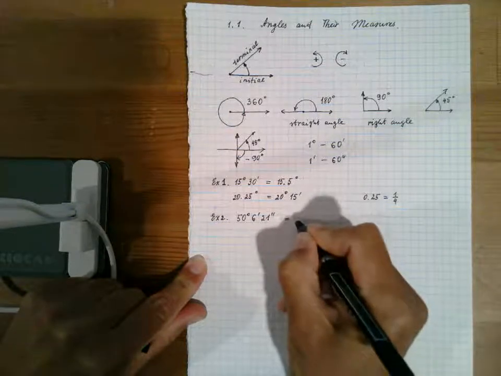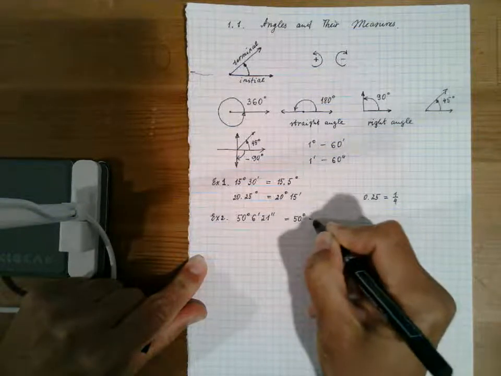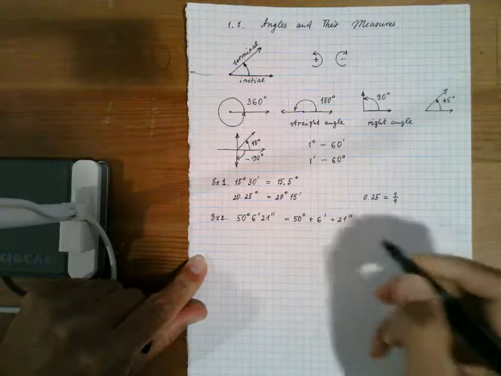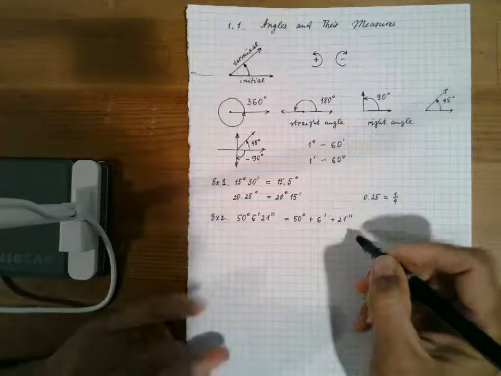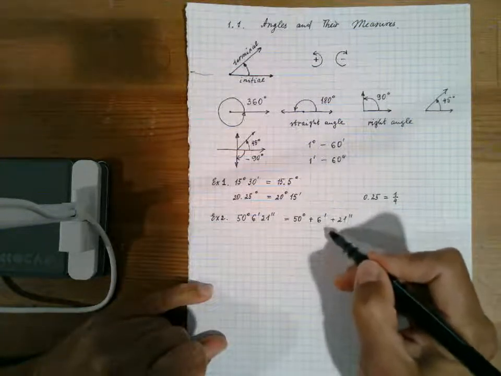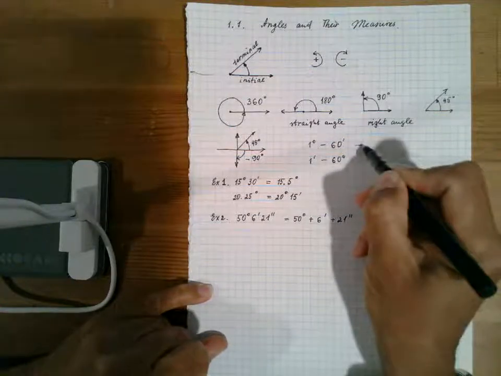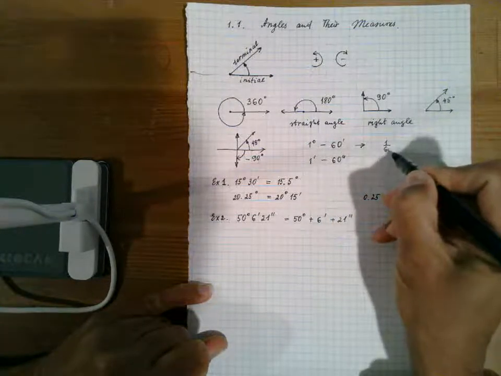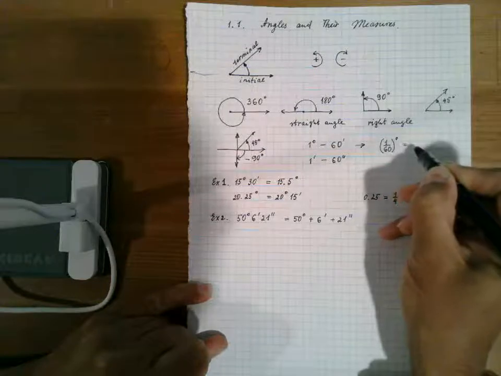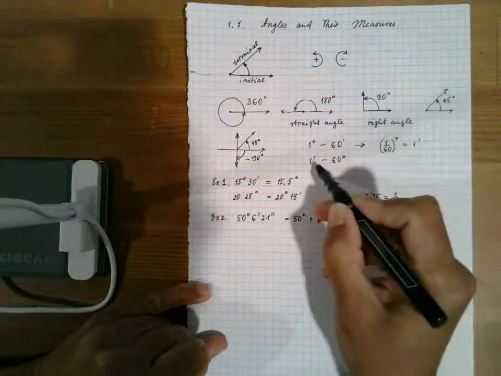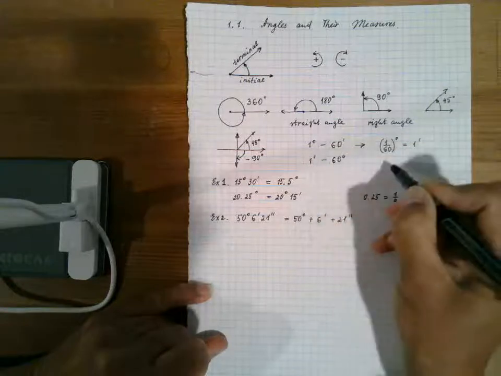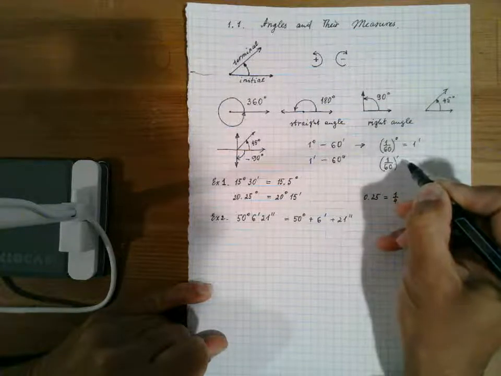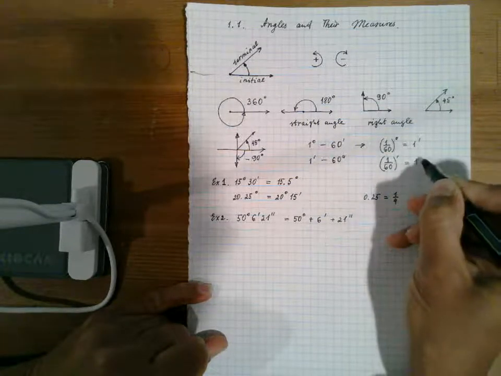First, we start by dividing all this stuff separately: 50 degrees, 6 minutes, 21 seconds. Now we are just going to write down how big 1 minute is in degrees. From this formula, because there are 60 of them in 1 degree, 1 minute is 1/60 of a degree. 1 second is going to be 1/60th of 1 minute.